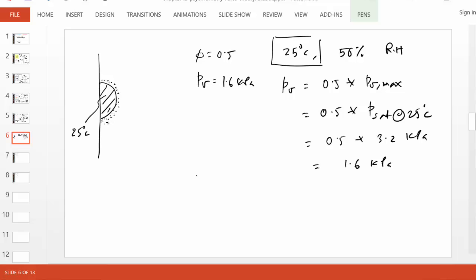But right next to the water, where the evaporation is taking place from the droplet, would you agree? Right there, the air will be saturated, and temperature being 25 degrees Celsius, the vapor pressure will be PV max, which is 3.2 kPa.